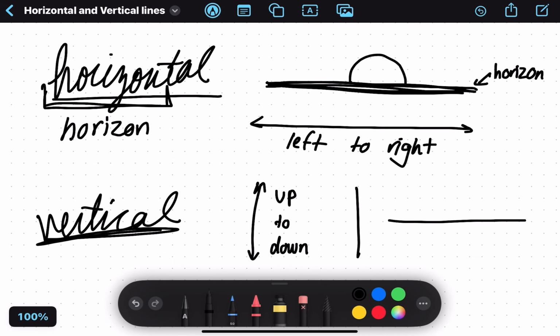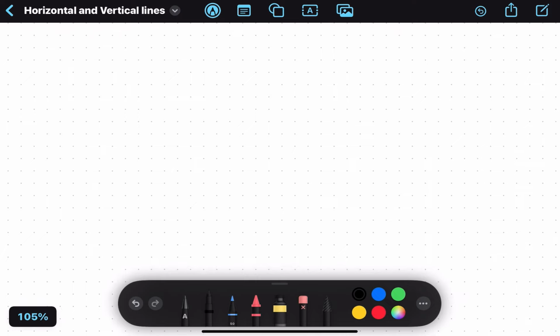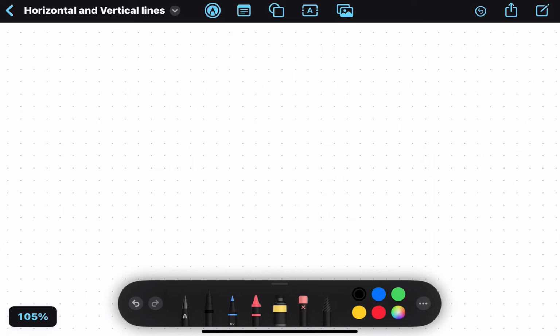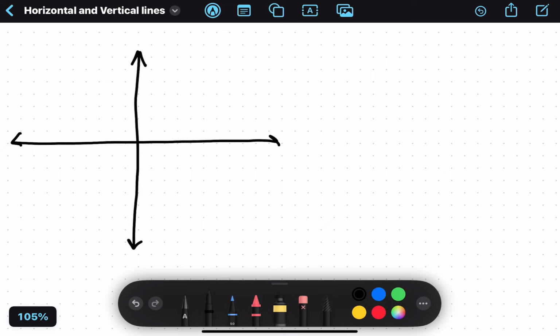But now let's get into the definition of what they mean on a graph, meaning the x and y axes. So let's say we were to have a graph and this was our x-axis and this is our y-axis.